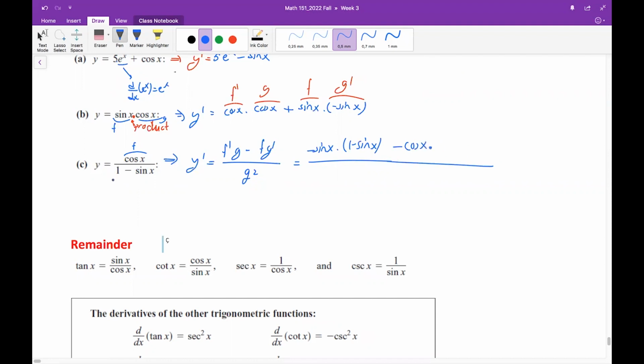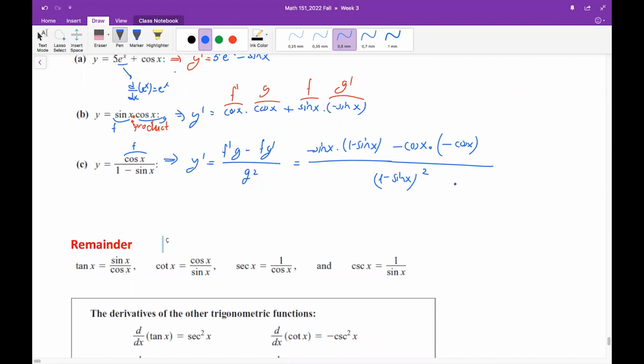And now you need to derive this part. So derivative of sine x is cosine x function divided by, yes, we are dividing by the square of the denominator function.